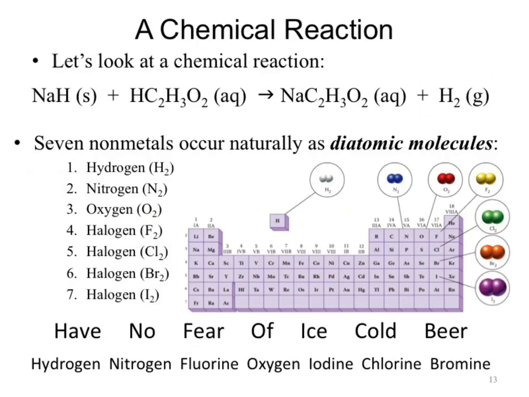On the test, I may just give you a sequence of words, and you have to convert that into the proper equation. So solid sodium hydride is reacted with, or is added to, what's the next one? Acetic acid, which produces aqueous sodium acetate and hydrogen gas.